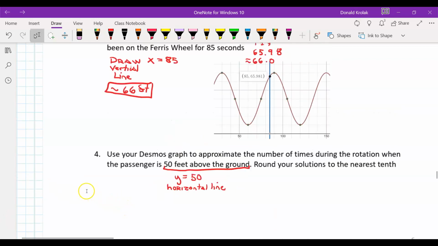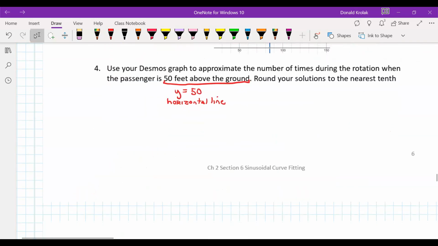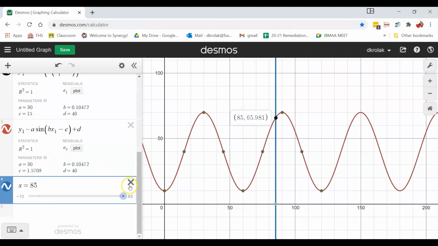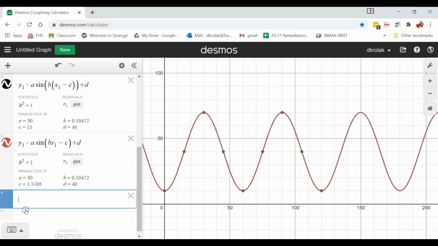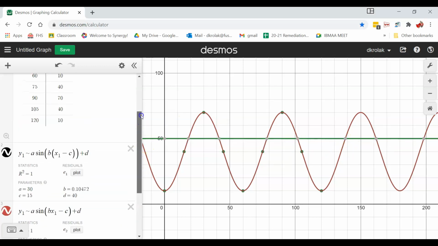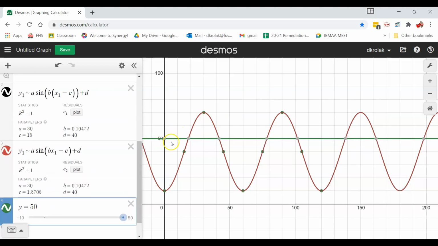All right, so we go down to Desmos, get rid of the 85 and make this y. And each one of these, where it touches the graph, my data went up to 120, so I'm just going to go out to 120.